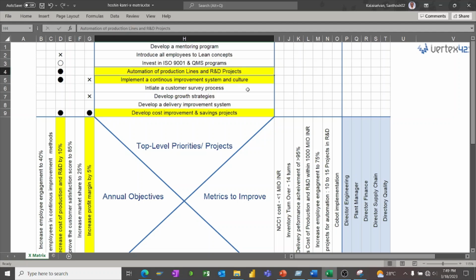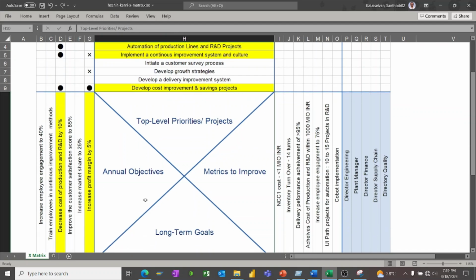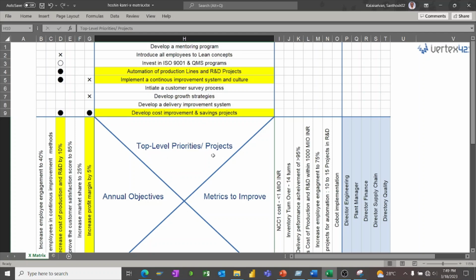Okay, so now this is explained. You can see I have explained the long-term goals, the annual objectives, and the top level priorities and projects. Now you can see, to perform these projects, what are the target metrics to improve.